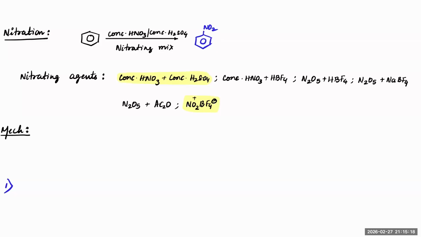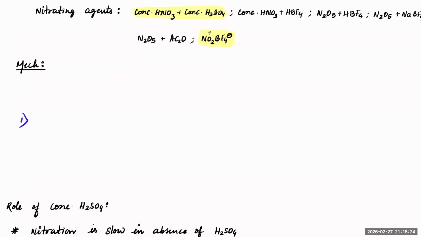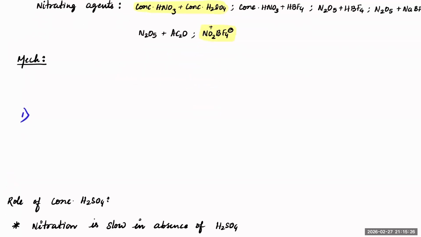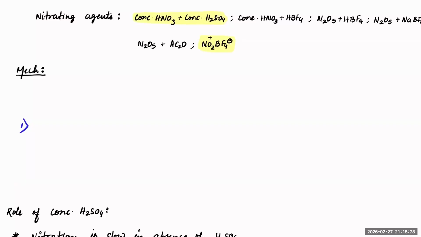So now our objective is to figure out, if you get NO2 plus, how the mechanism takes place here. We'll do it step by step. The first thing is generating the electrophile, which we do not count as a step.